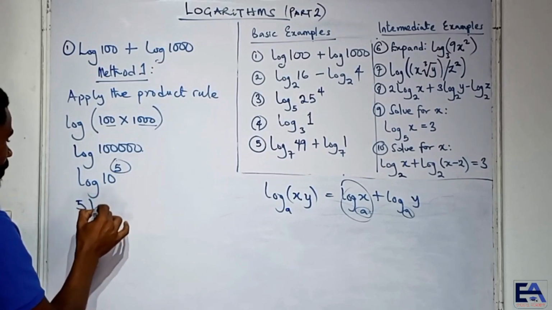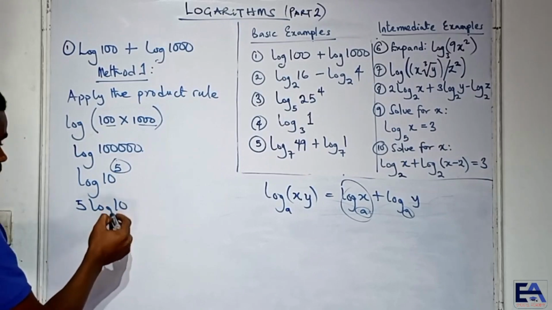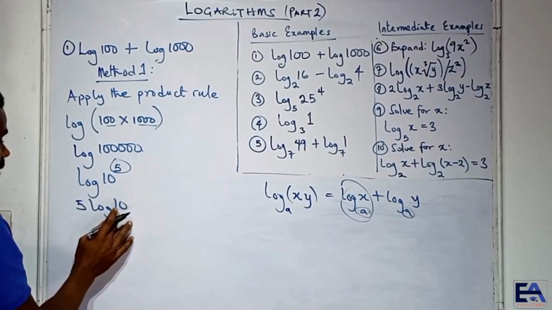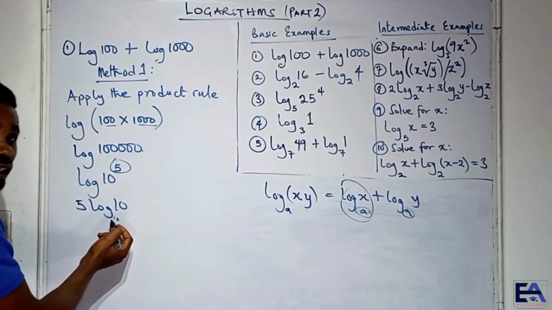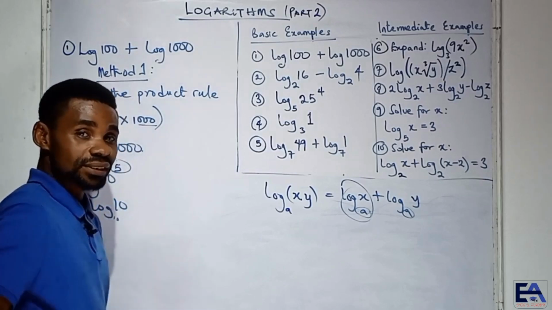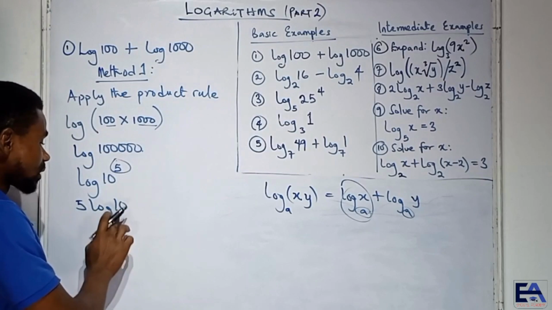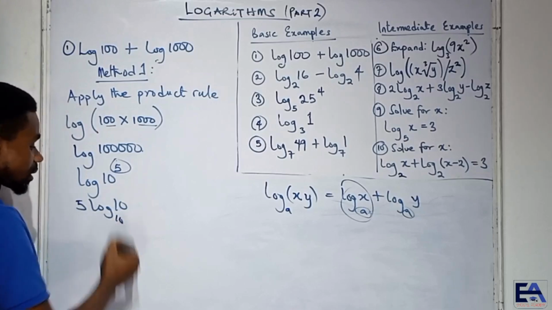So we have 5 log 10. I told you that if you do not see any number here, it is the same thing as carrying base 10. But if it is to another base, the base must be written. As nothing is written here, it means it is to base 10.